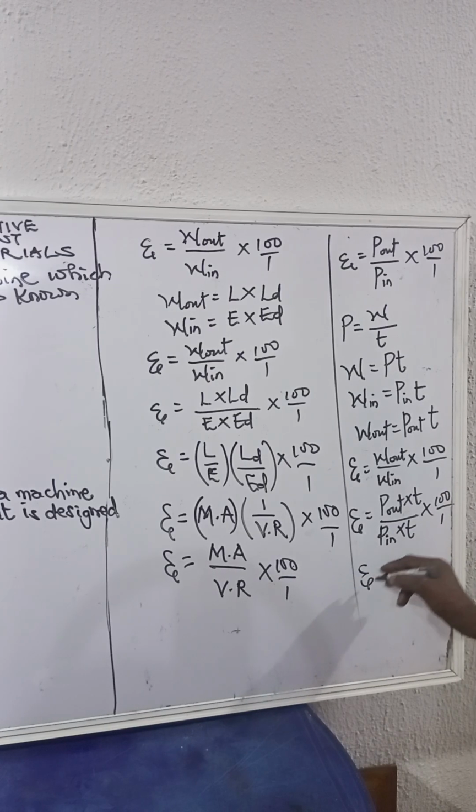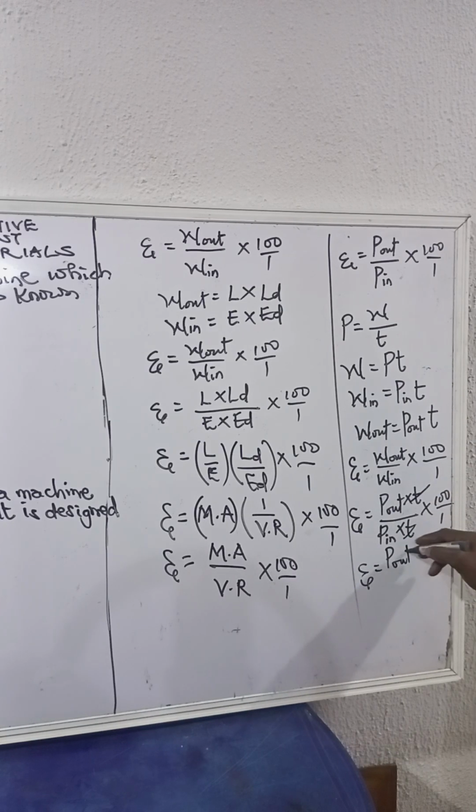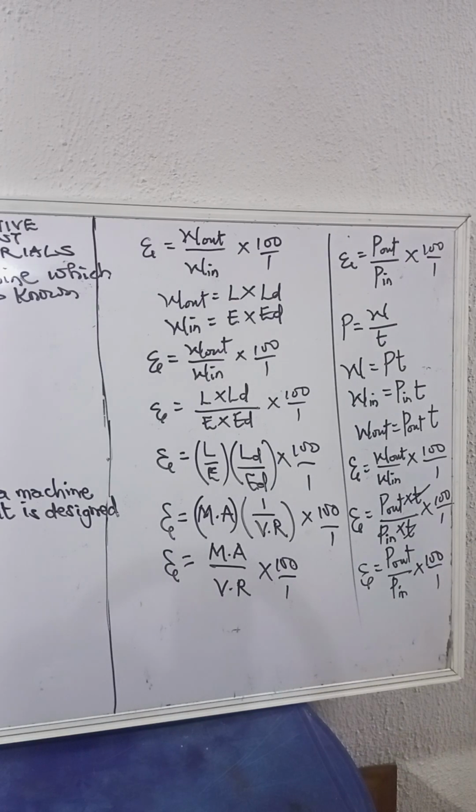So T will cancel T. We have efficiency equal to power output over power input times 100 over 1. So we have this mathematical relation for efficiency as well.